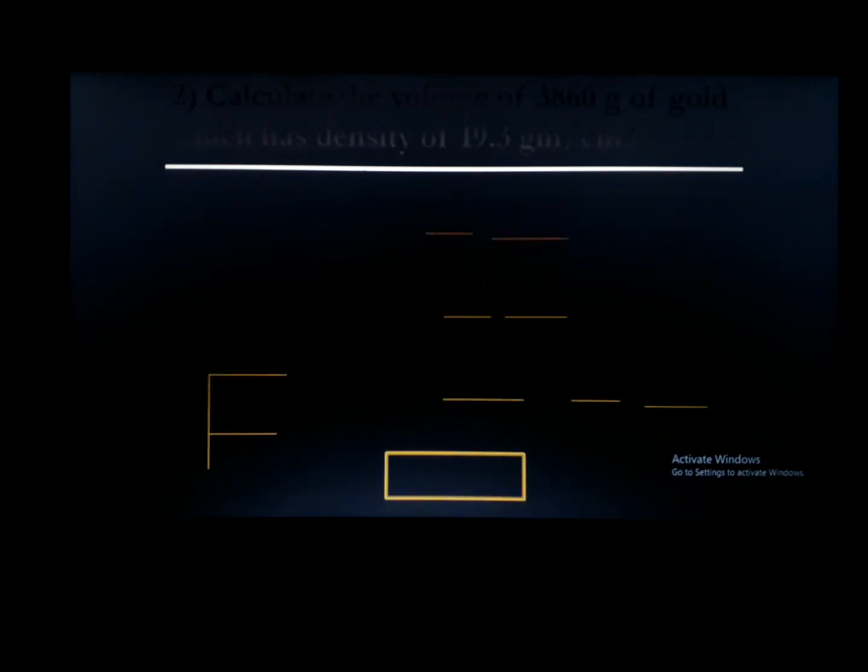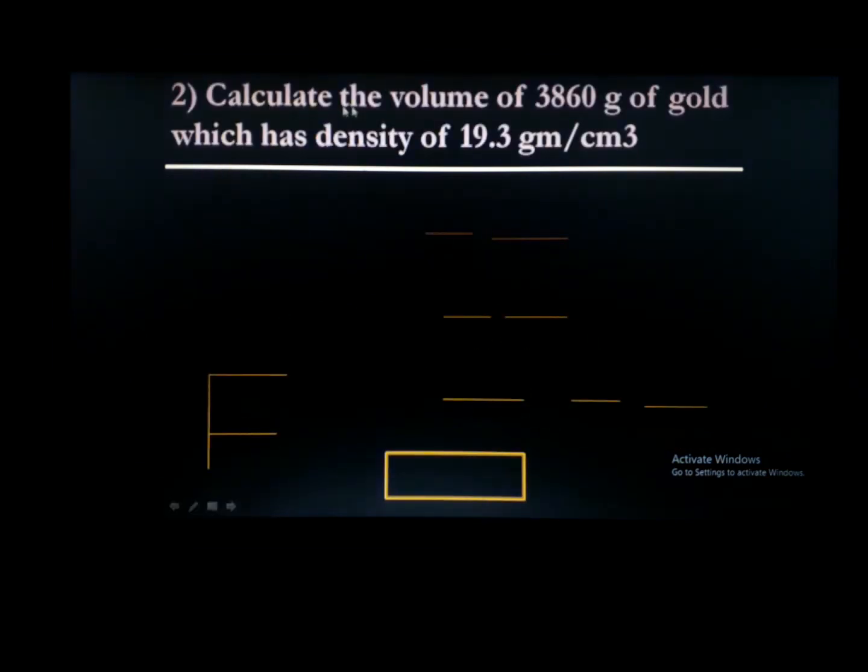So the next question, calculate the volume of 3,860 gram of gold which has density of 19.3 gram per centimeter cube. So first we need to write the data, that is mass is equal to 3,860 gram and the density is 19.3 gram per centimeter cube, and we need to find out the volume.